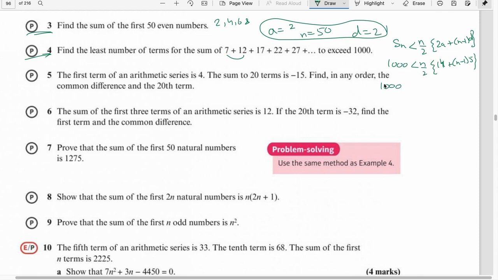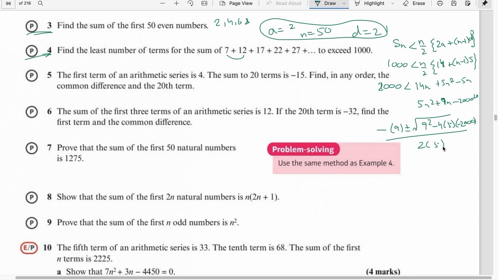So I'm bringing 2 on the other side, which makes it 2000 is less than 14n, and that is 5 into n is 5n squared minus 5 into n is minus 5n. Keeping on simplifying, 5n squared, 14 minus 5 is 9n, minus 2000 is less than 0. And I'll choose the quadratic formula: minus b plus minus square root of b squared minus 4ac, with c negative 2000, over 2 into a.